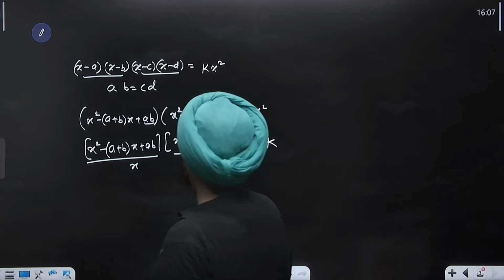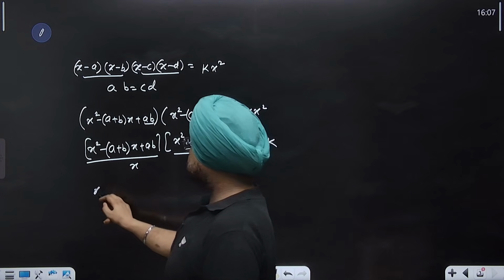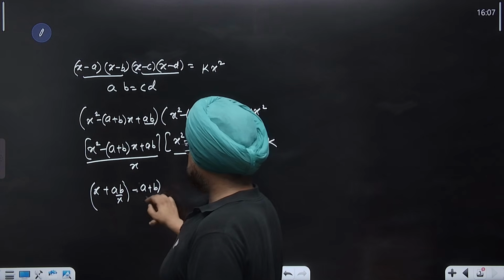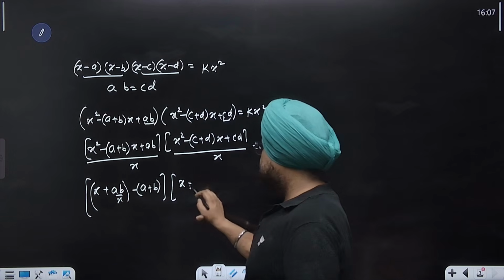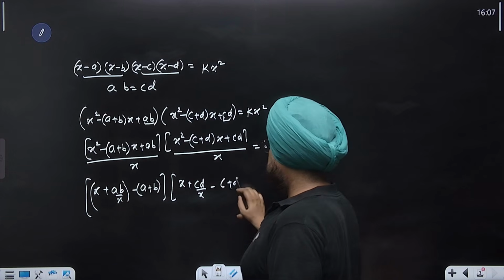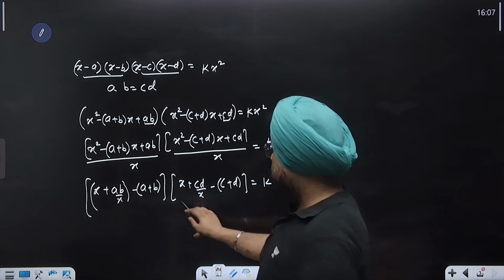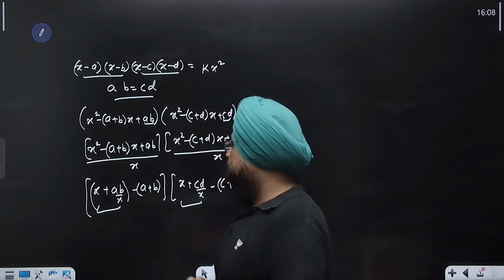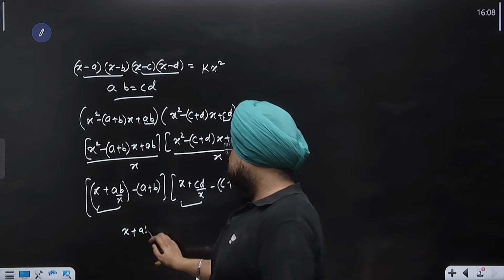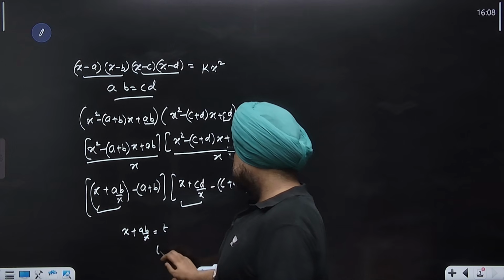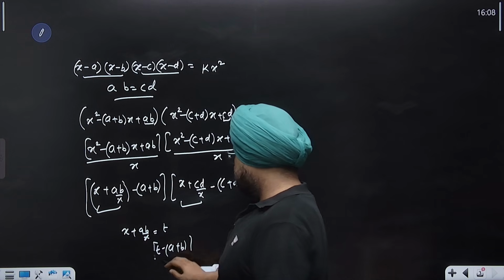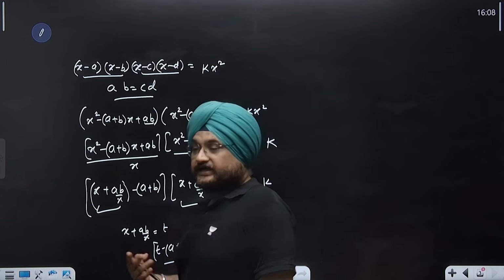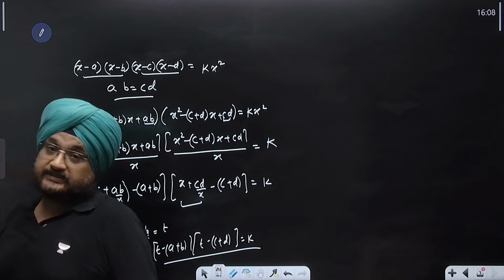I am separating 2x like this, so this will become x plus AB by x minus A plus B, and x plus CD by x minus C plus D. See now, x plus CD by x and x plus AB by x both are same, as we are given that AB is equal to CD. So consider this as T, and this will become a quadratic equation in T, which can further be solved using the quadratic formula. After getting T, we can also find the value of x.